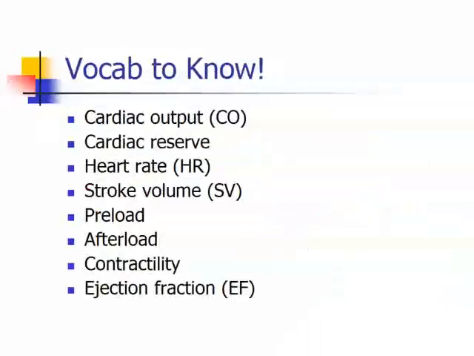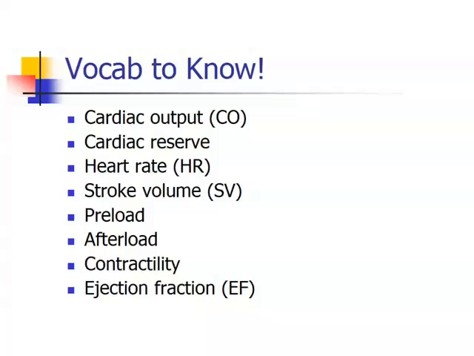Vocabulary that you need to know for this lecture includes these listed here. Cardiac output is the amount of blood pumped from the ventricles in a minute. Cardiac reserve is the ability of the heart to increase cardiac output to meet metabolic demands. Heart rate affects cardiac output by controlling the number of ventricular contractions per minute.